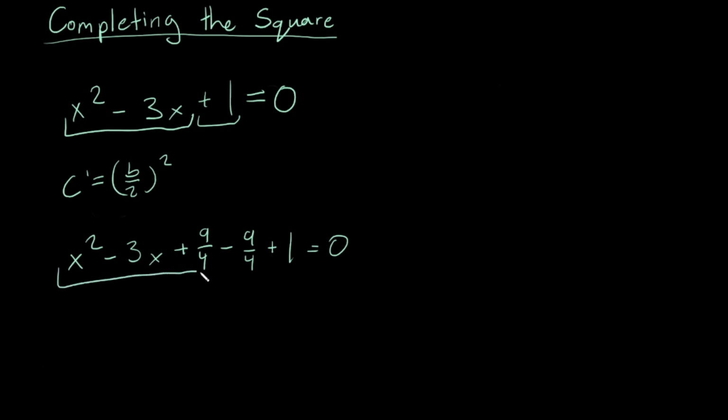Now, as you can see, we have a perfect square here. So we can say that this becomes x minus 3 over 2, which is the same as last time, squared, since this is a perfect square trinomial, minus 9 over 4 plus 1 is equal to 0.